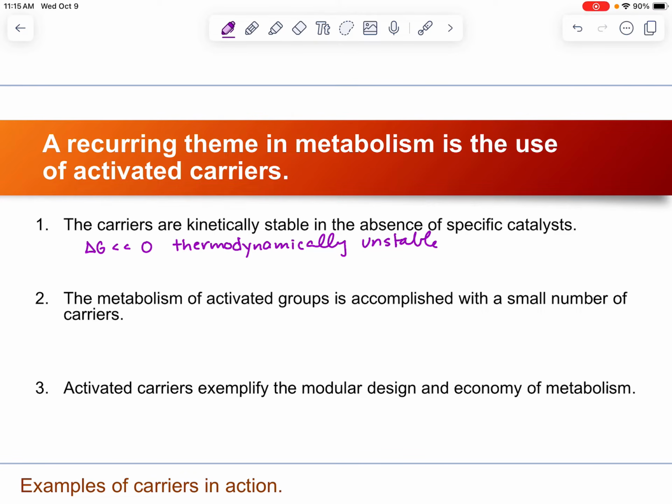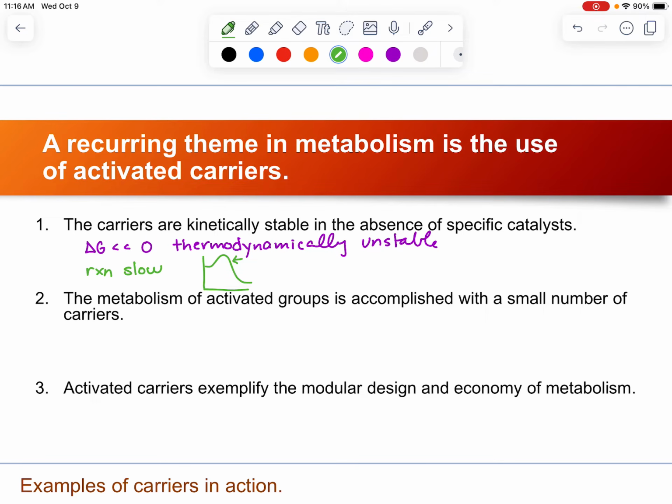But the reaction is really, really slow. Remember when we talked about kinetics, we're talking about speeds of reaction. And we talked about having this activation energy, this hill that we have to get over.